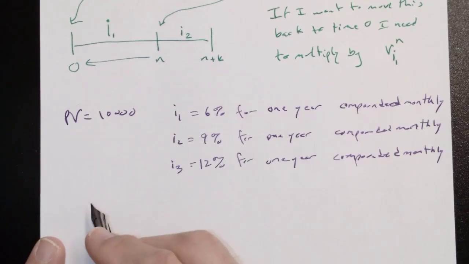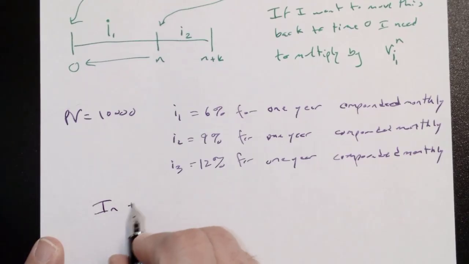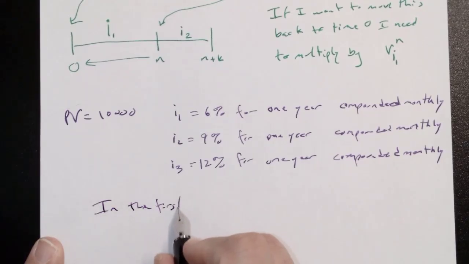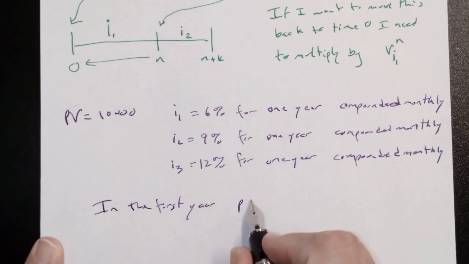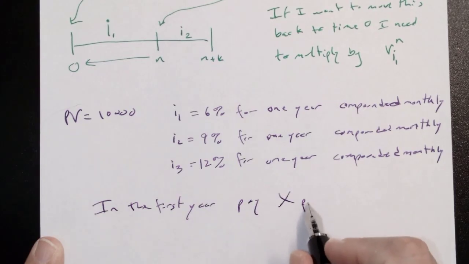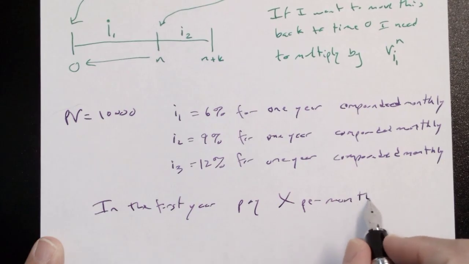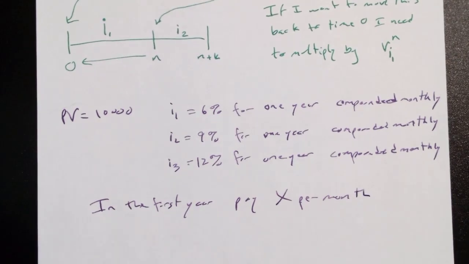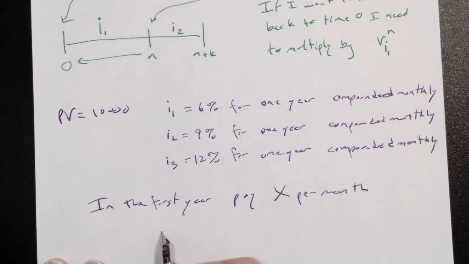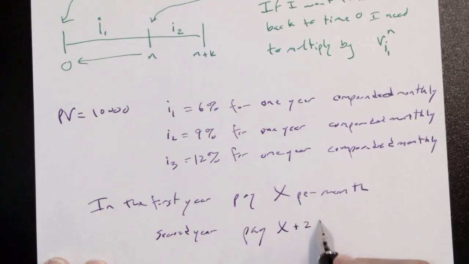Let me say, in the first year, I don't know what the payment's going to be. But in the second year, I'll get a raise, and I think I can afford to pay an extra $25.